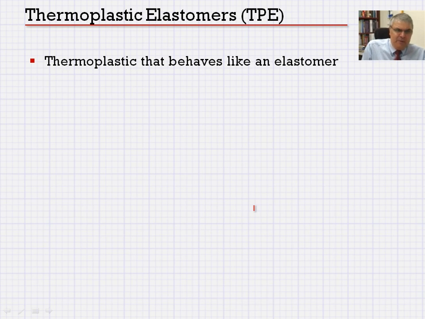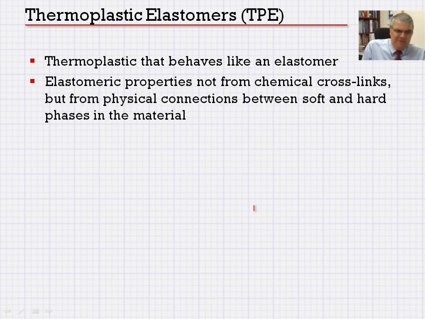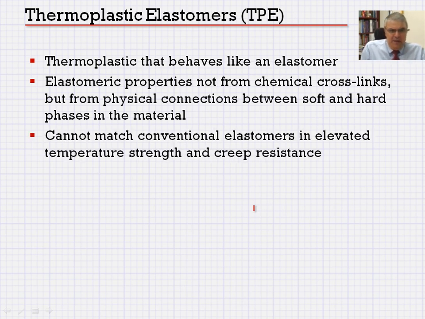Thermoplastic elastomers behave like an elastomer, and they have certain properties that are important to discuss. The elastomeric properties are not actually from the cross links that we have discussed, but it is more from the physical connection between soft and hard phases in the material.